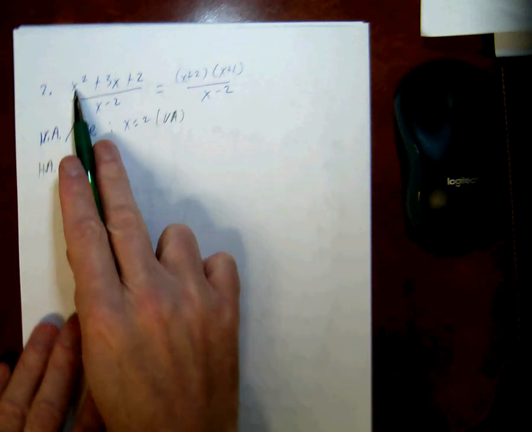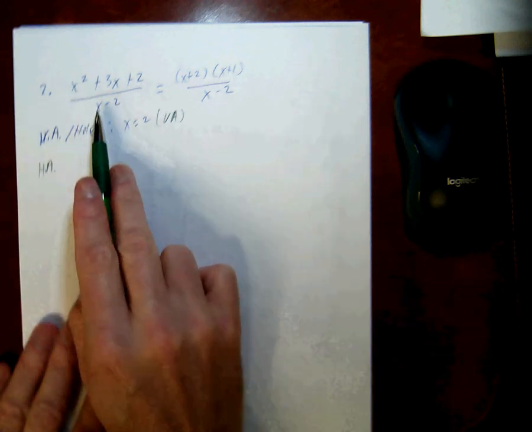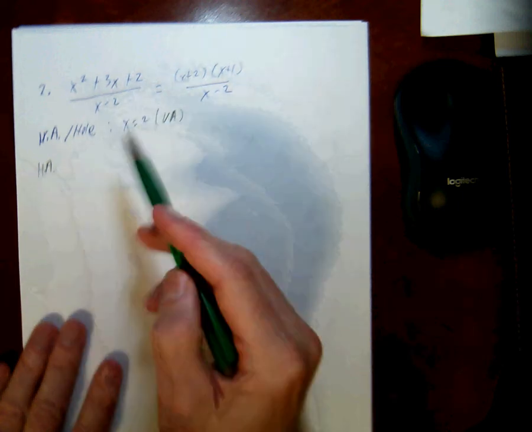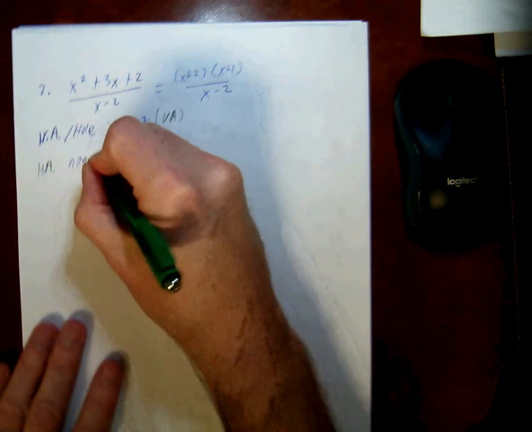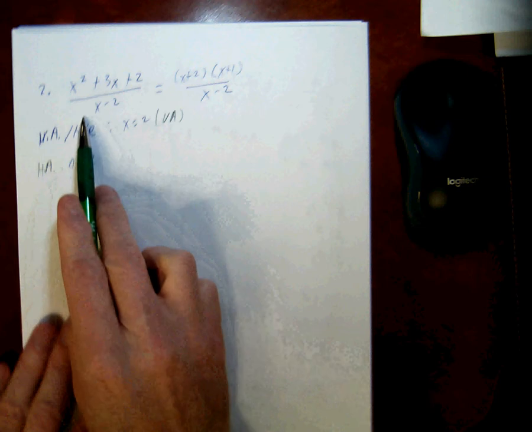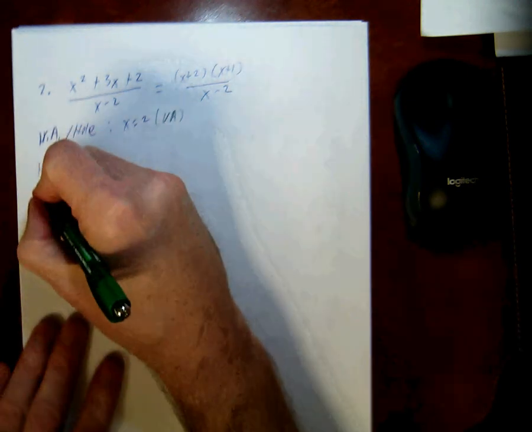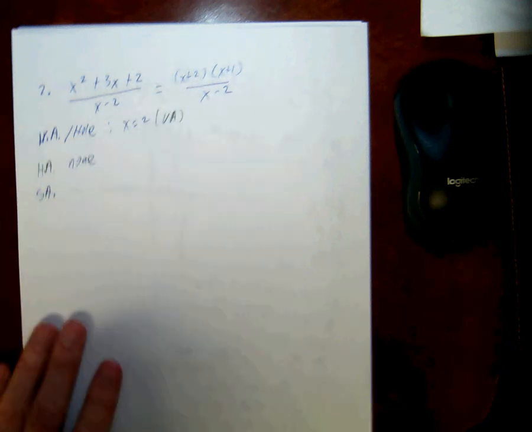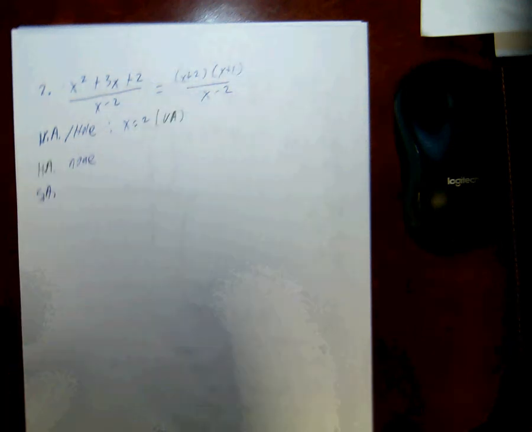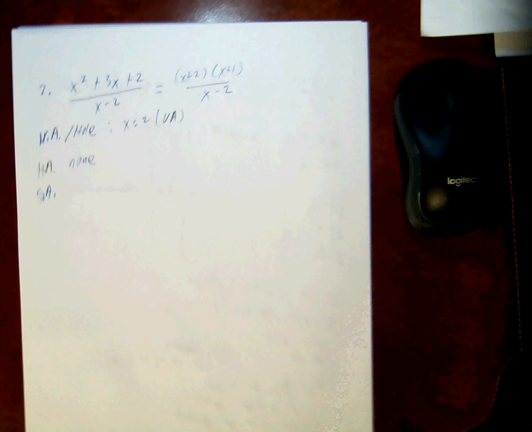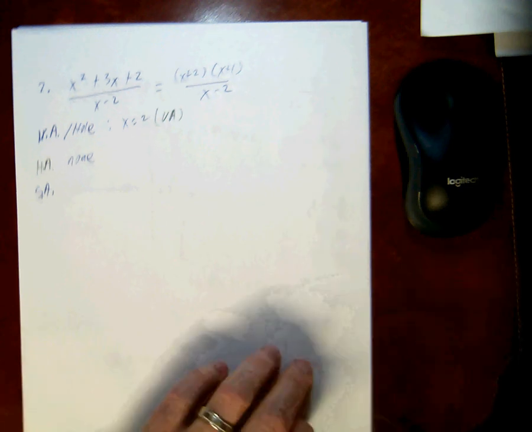Notice I have an x squared over x. Since this is top heavy, there are no horizontal asymptotes. And anytime it's top heavy, that means you're going to have this thing called a slant asymptote. This is what I ran out of time on Friday, so we're going to pick up here.